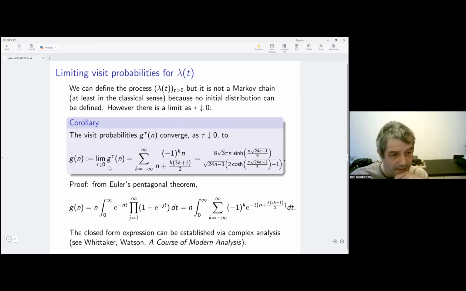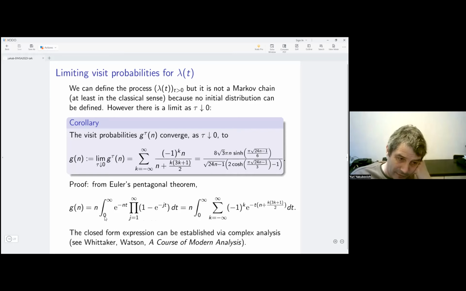And so there are two formulas for these limits. First is this infinite series, and another is some closed form expression. And this infinite series representation follows immediately from what we have already seen, because it is obvious that we just have to replace tau by 0.